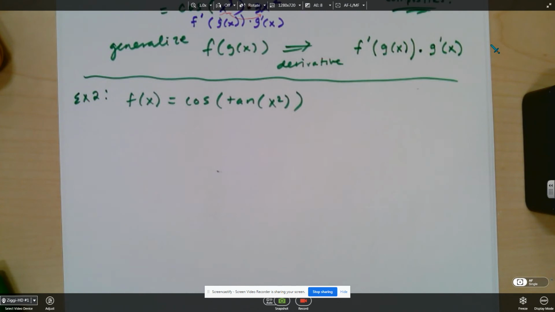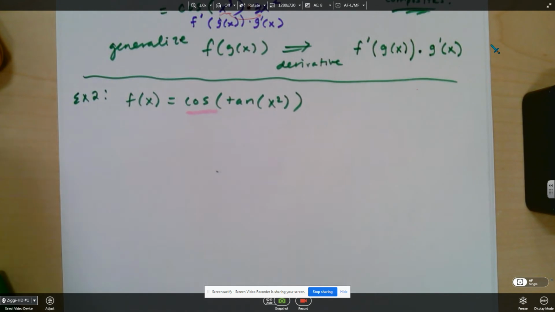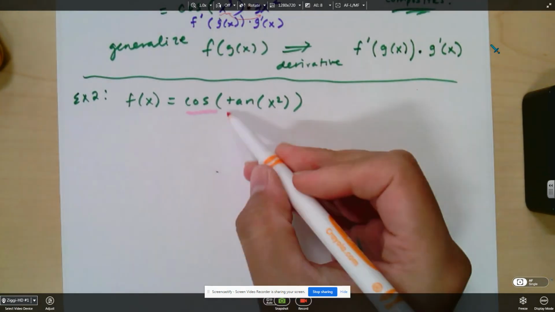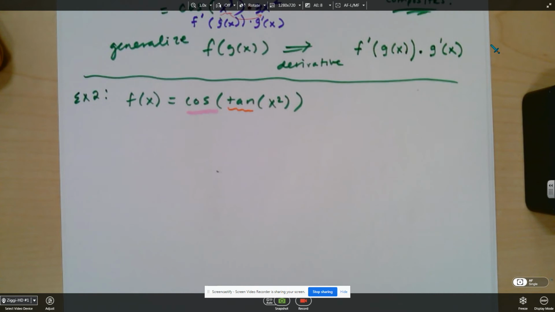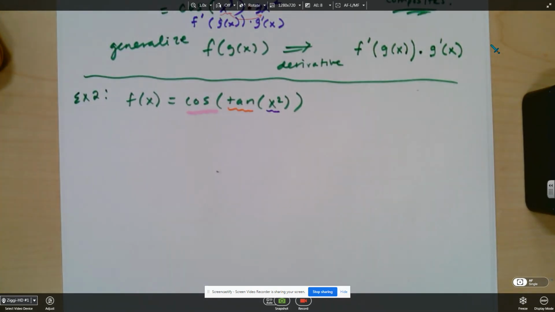Okay, so first thing is you have to realize there are 3 layers in this, right? There is the outer layer, cosine. There is the second layer, tangent. And then finally, there is the inner layer, x squared. It's like a little onion.